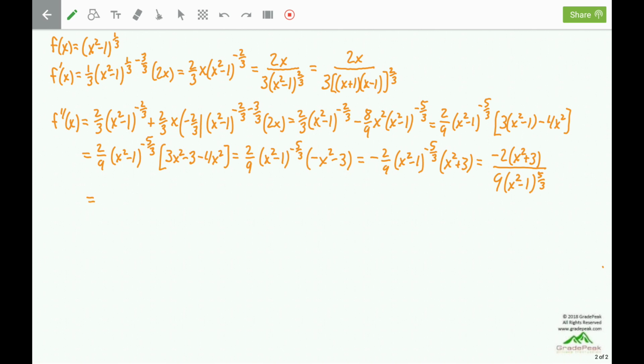We want to fully factor the second derivative. The numerator is a sum of a square term, so it cannot factor any further, and will have to be left as x squared plus 3. In the denominator, it is possible to factor the difference of squares. It will be x plus 1, and x minus 1, and the entire thing will be to the 5/3 power.